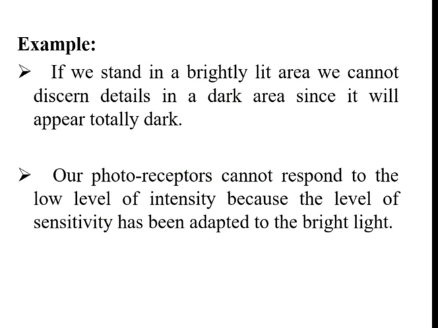For example, if we stand in a brightly lit area, we cannot discern details in a dark area since it will appear totally dark. Our photoreceptors cannot respond to the low level of intensity because the level of sensitivity has been adapted to the bright light.